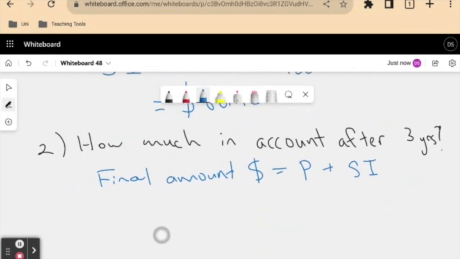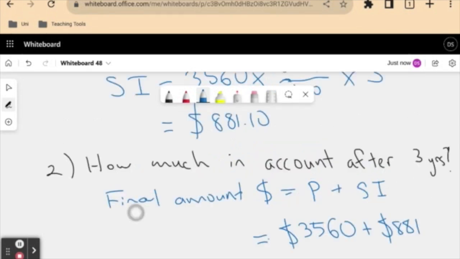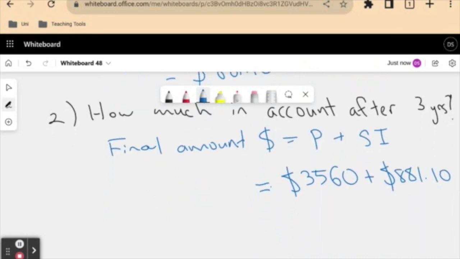So, therefore, this final amount equals our, was it, 3,560 plus $881.10. So once I add these two together, I get $4,441.10.